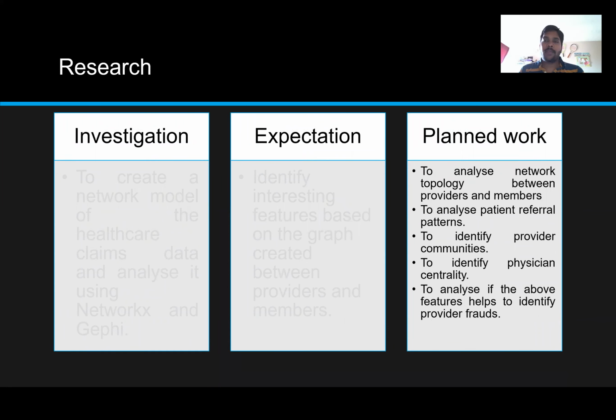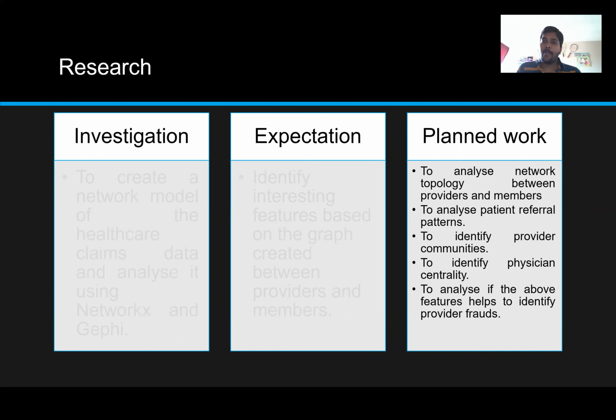The work planned on the expected features from the graph is to analyze the network topology between the providers and members, what kind of network model we are going to get when we put the provider and member data into a network model, and to analyze the patient referral patterns, like how providers are referring patients to other providers and how we can identify them, and also to identify provider communities.